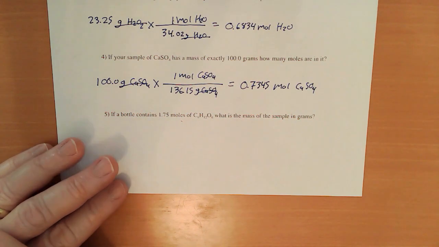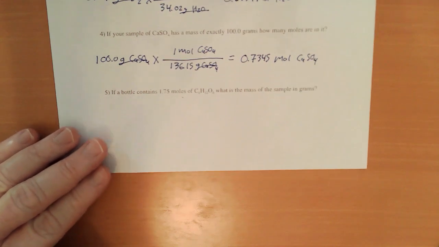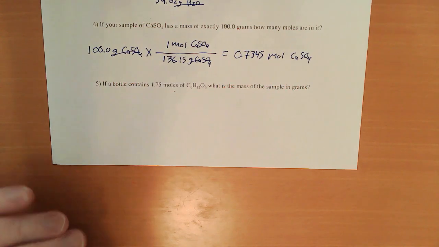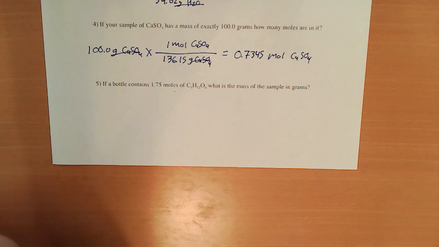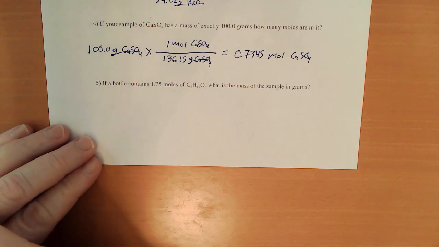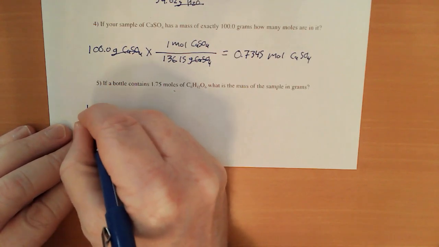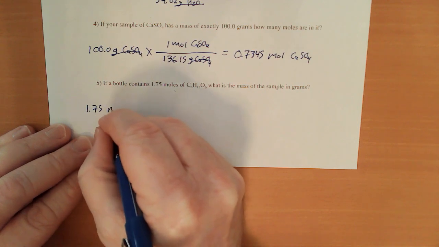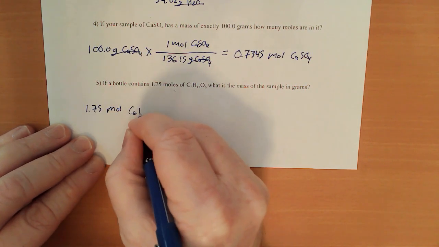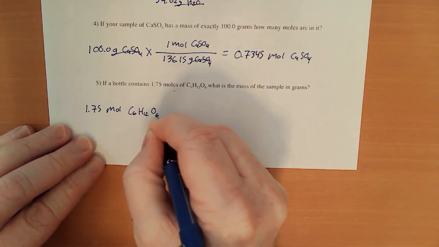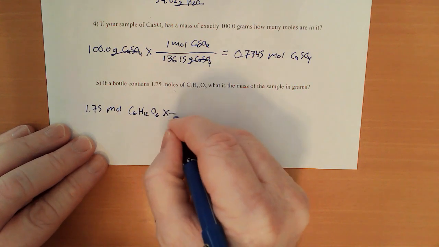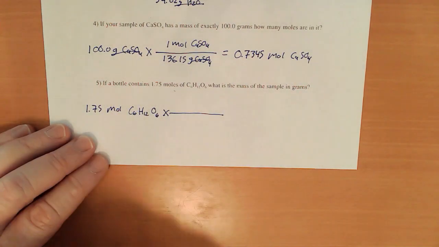Okay, so we've been doing the same thing over and over again. All right, you're going to have a quiz on this shortly, so hopefully you're catching on. I have 1.75 moles C6H12O6 times, and I'm trying to do that in grams.